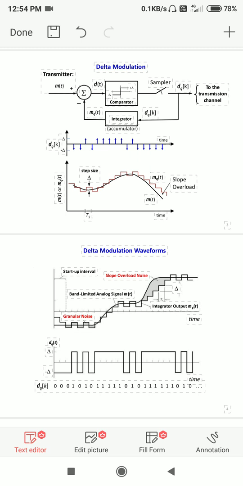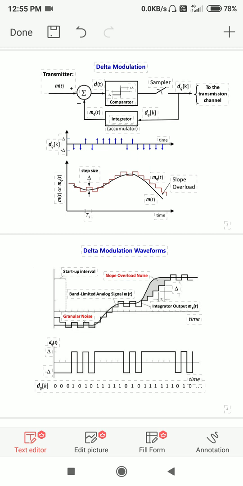So see here the diagram of the delta modulation encoder, the transmitter. We have m(t), then it is given to the comparator. The comparator compares the current sample with the previous sample and only the difference is sent, which is a single bit difference, to the transmission channel.